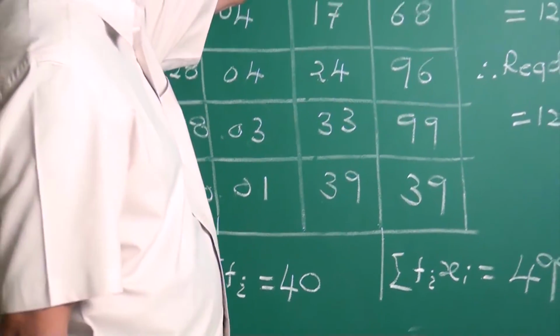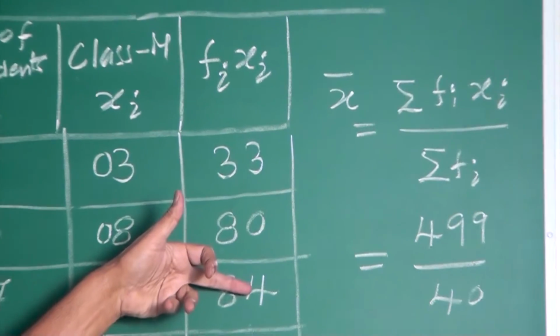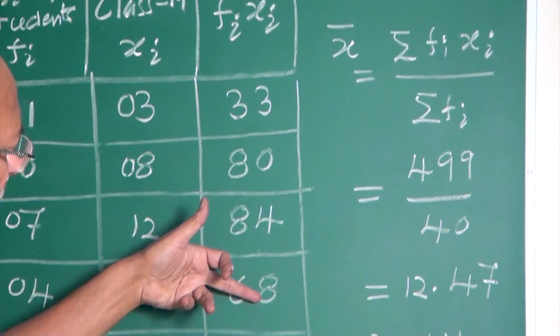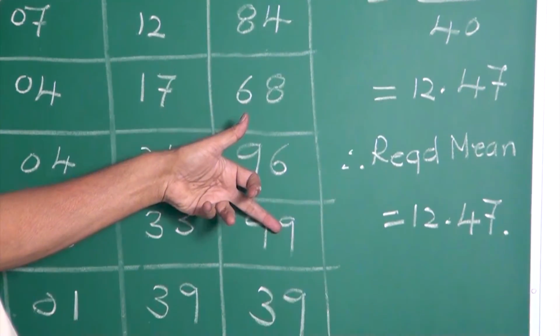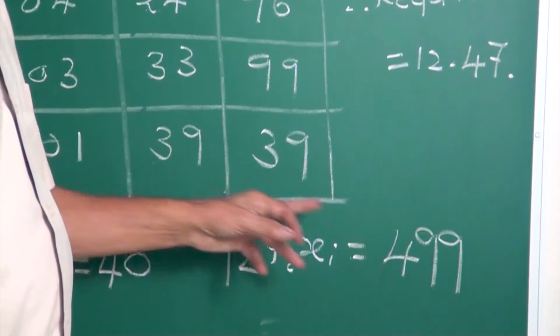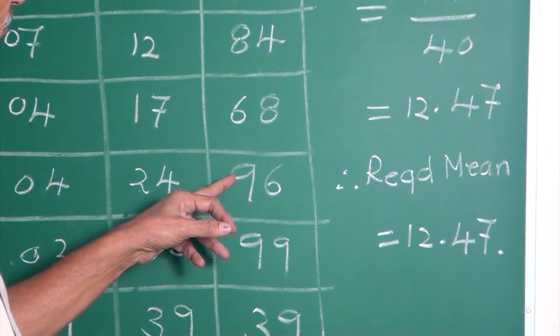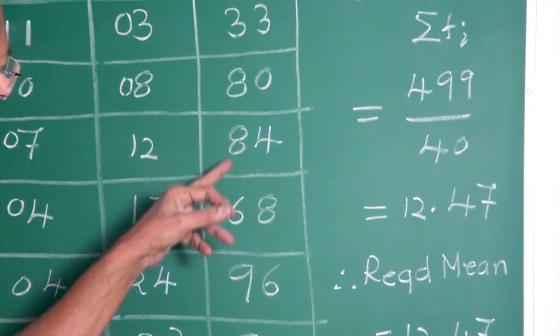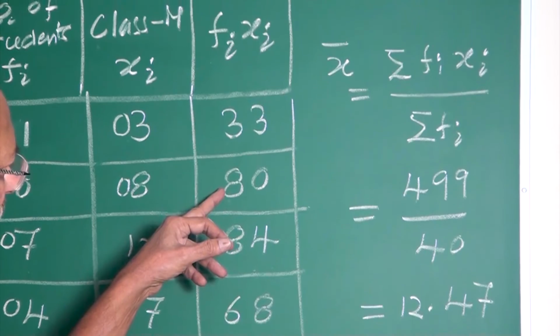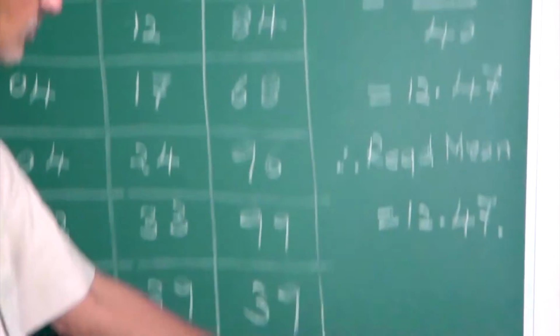Then sigma fi xi: 3 plus 4, 7, 8, 15, 21, 30, 39, 9. 3 plus 3, 6, 15, 24, 30, 38, 46 plus 3 is 49.